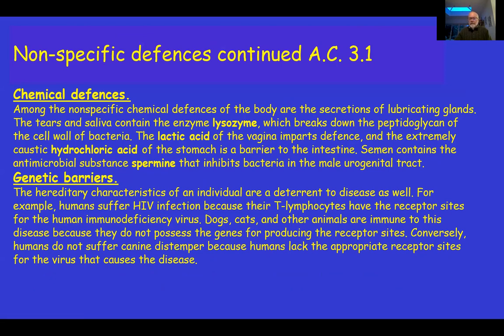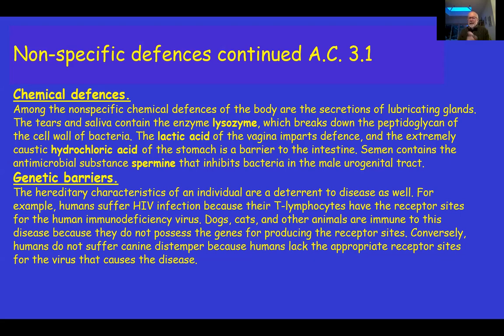Then there are chemical defenses. Secretions from lubricating glands, such as the eyes, the reason why the tears are there, and your saliva, not only for digestion, which we dealt with in the aspects of human physiology, but the tears and the saliva contain a very powerful enzyme called lysozyme.